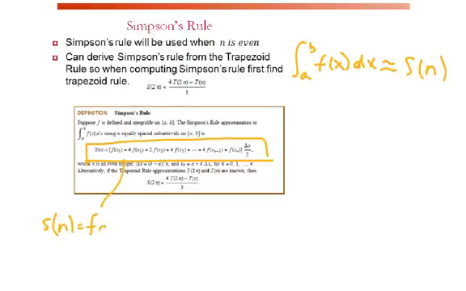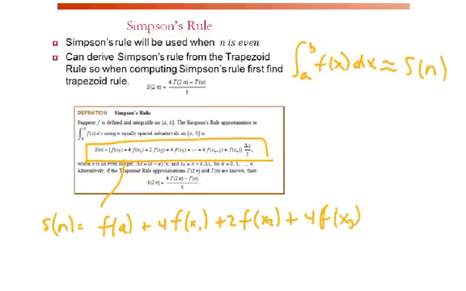This is really f of a for the first point, and then it's f of x1 times 4, plus 2 f of x2, plus 4, and you're going to see an alternation between these coefficients. So these coefficients are going to alternate 4, 2, 4, 2, on out. And that entire quantity is going to be multiplied by delta x over 3. So that's Simpson's rule.